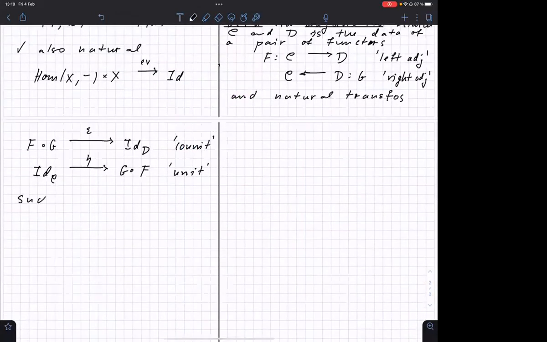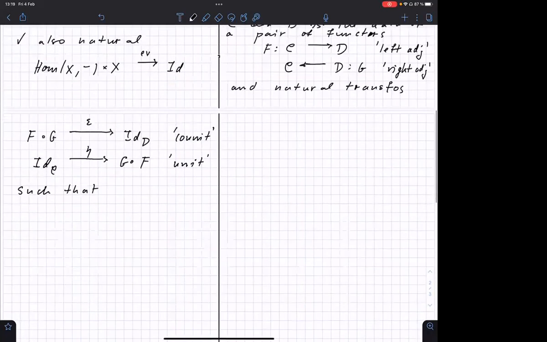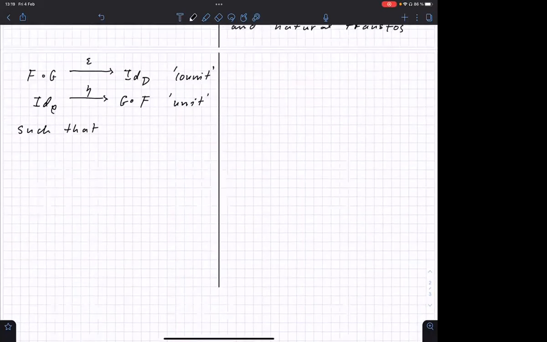Okay, so this is the data, and then it should satisfy some conditions. So we need these triple composites. And there are two ways to get a triple composite. You could look at this triple composite, FGF, or the triple composite GFG.